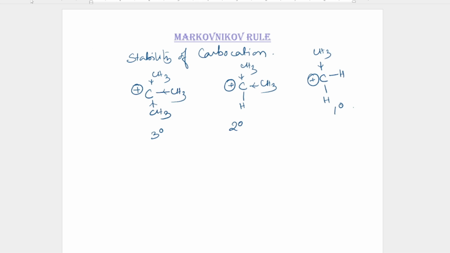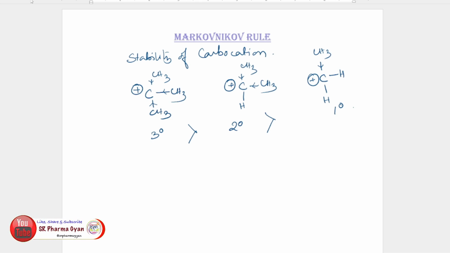So less charge on carbon, more reduction or more neutralization of this positive charge will give you more stability. So that's why tertiary carbocations are more stable than secondary and than primary. This concept gives you an explanation why the molecules follow Markovnikov's rule.